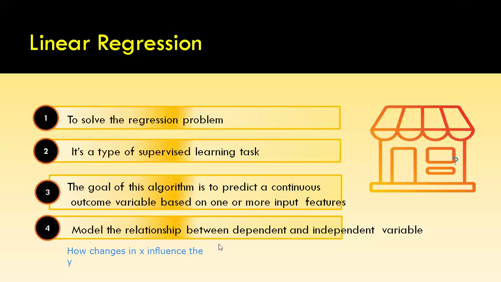For example, X is your square feet and Y is the housing price. How much will changes in square feet influence the housing price? Will it influence your housing price two times, or three times? Something like that. That is what you can understand using the linear regression model. That is the beauty of the linear regression algorithm.